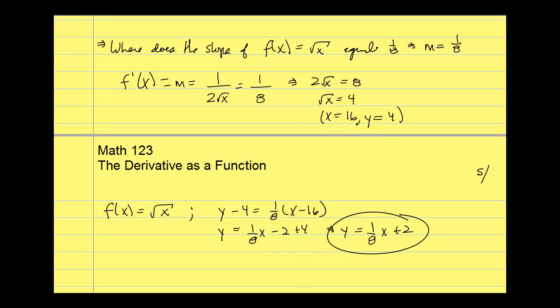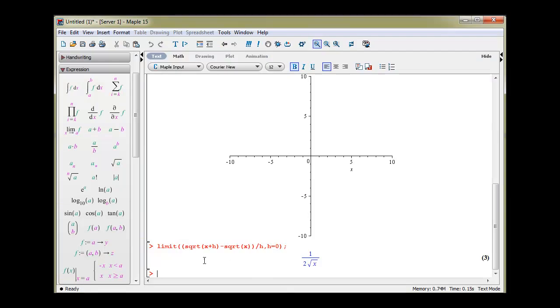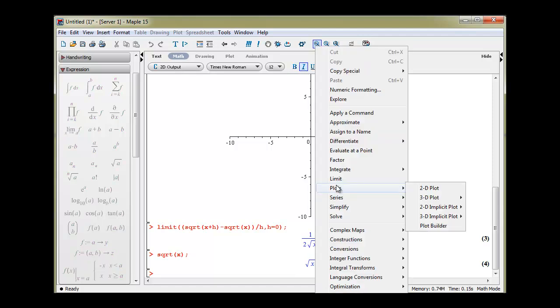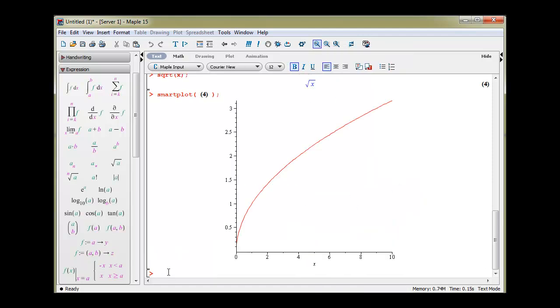So I want to pop Maple open again and see if this is going to match up with what we think should be going on. I think our original function was square root of x. Let's go ahead and plot that one. Again, you can use a plot command as well.